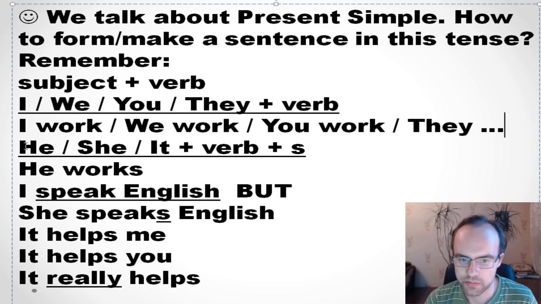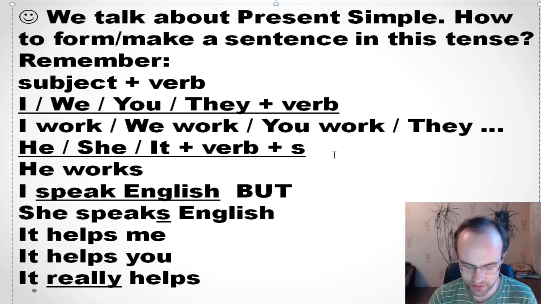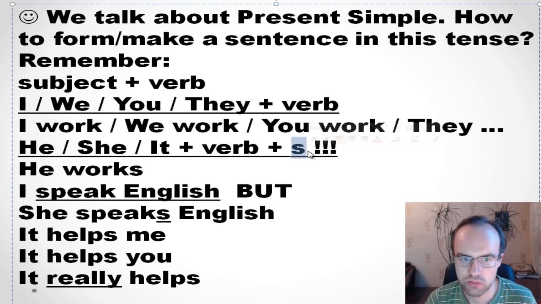But if you have he, she, it, you have a verb plus s. Okay? Look, we say he works, because we have he.